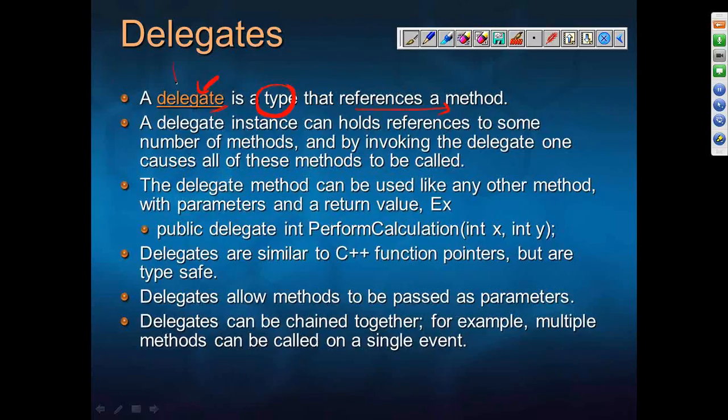We use the delegate keyword, but underneath it's a class which is inherited from the System.MulticastDelegate class. So delegate itself is a class. So we can create the object of delegate. When we create the object of delegate, that object can hold references to a method or methods. So when we invoke that delegate object or delegate instance, those methods will be called.